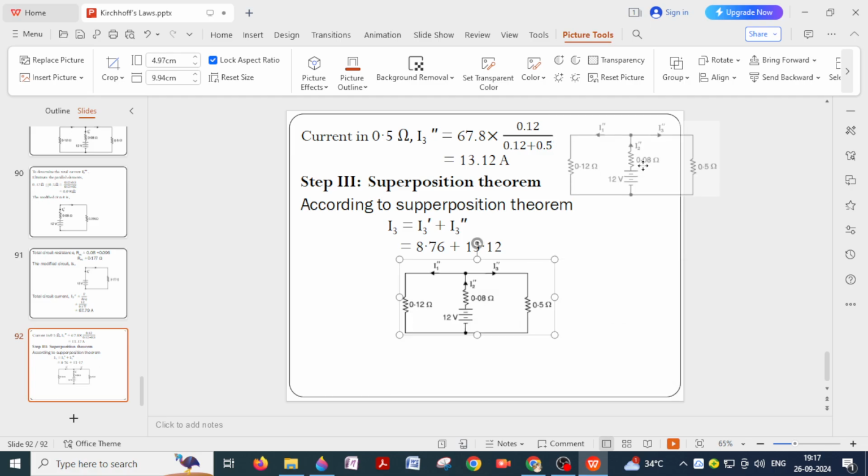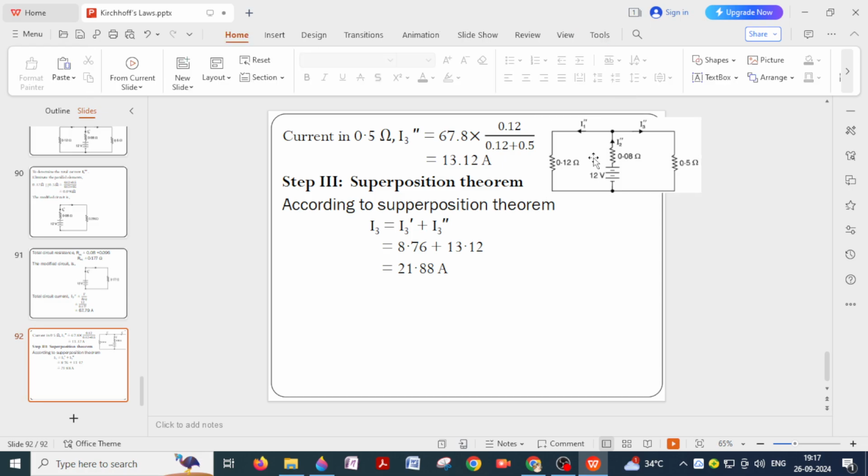From this circuit you can see I2 double dash we have determined, that is 67.8. Now our aim is to determine the I3 double dash current. I3 double dash current is flowing through 0.5 ohms. So what is the opposite resistance? 0.12. So 0.12 by 0.12 plus 0.5. You just simplify this, you will get 13.12 amperes.